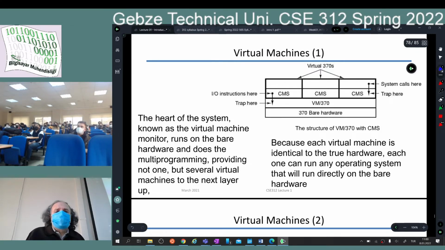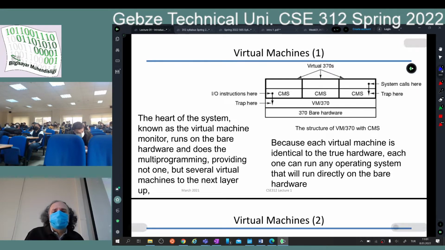So when I run a regular program at this point and make a system call, this operating system gets it. It is caught by this operating system, and it makes another system call to the VM370, and VM370 handles it and puts the results back.